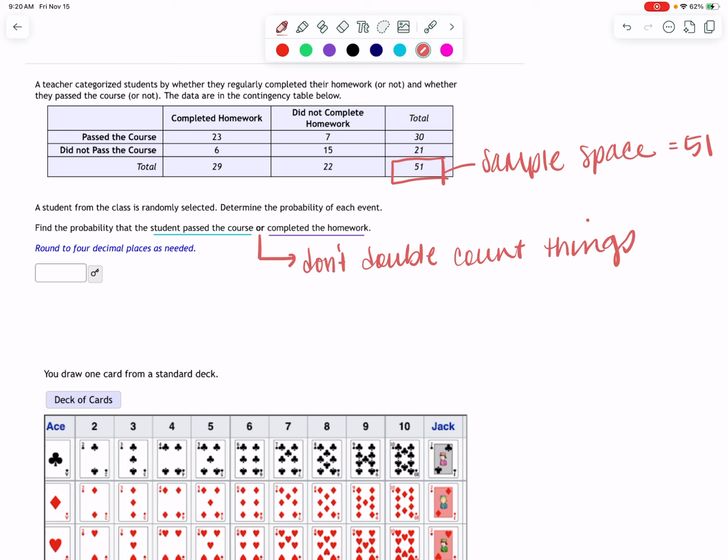What do you mean by don't double count, Miss Graham? Well, I am so glad you asked. I'm going to start out with all of the students who passed the course. So I have 30 total that passed the course.